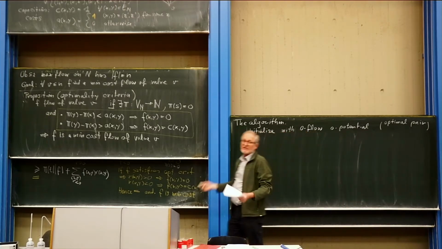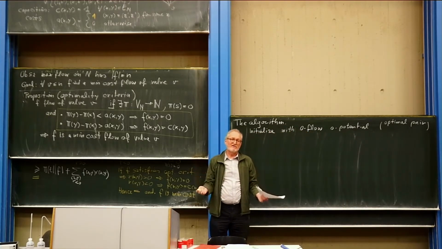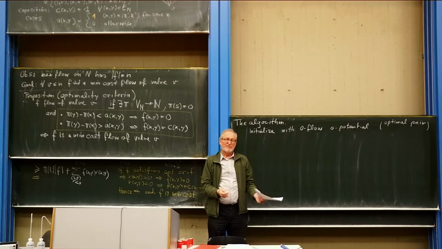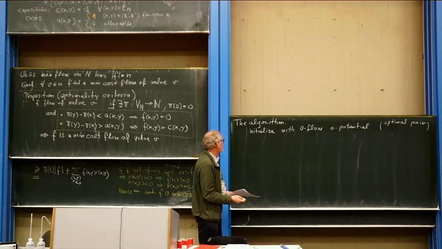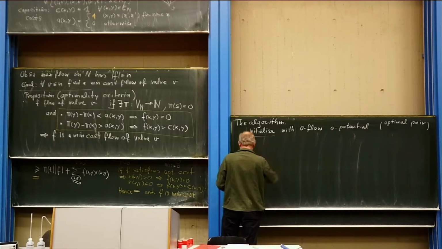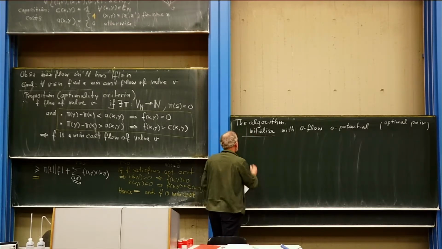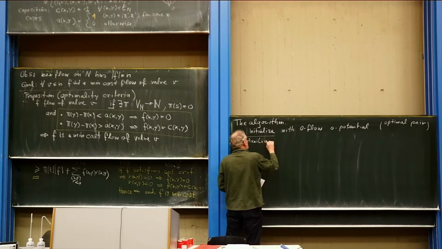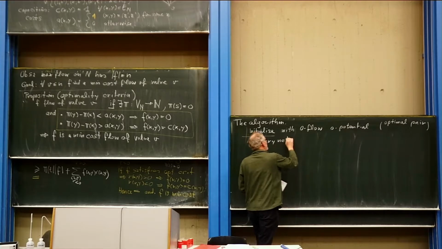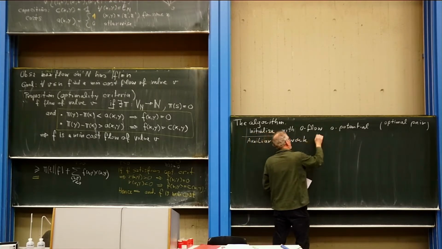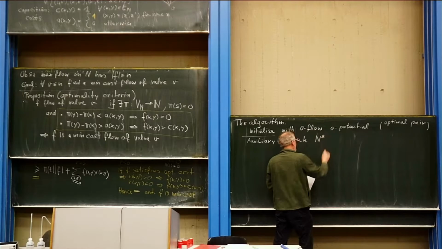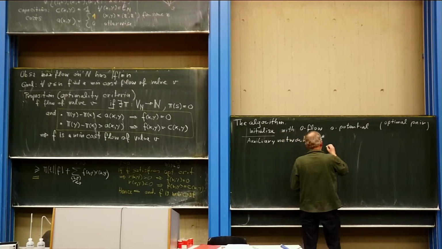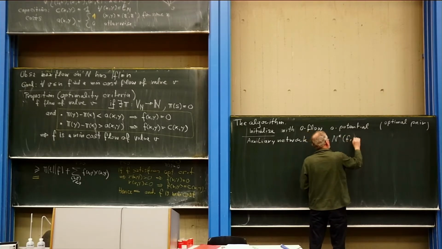And now let's assume we have a f and a pi, flow and a potential, and we want to go further. So to do so, we define an auxiliary network N star. So it depends on the flow and the potentials.